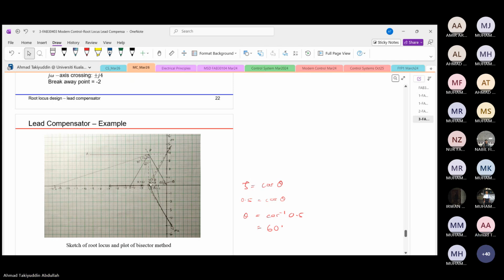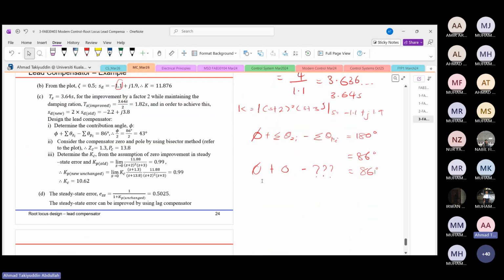It will be the same point and the same angle, so that will be two poles angles, and the third pole angle comes from this -3 point towards this new dominant pole. Once I have that in my consideration, I'm going to have this phi equal 180 degrees. So with the equation that I'm going to use, that will be this.